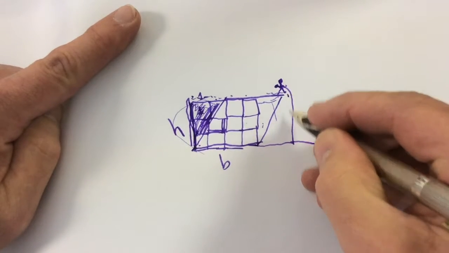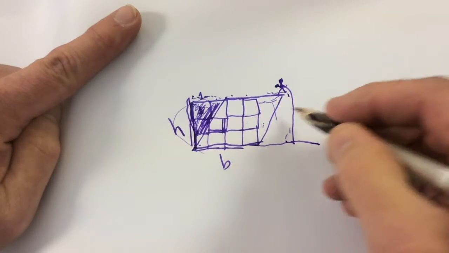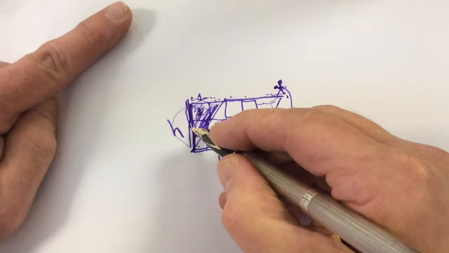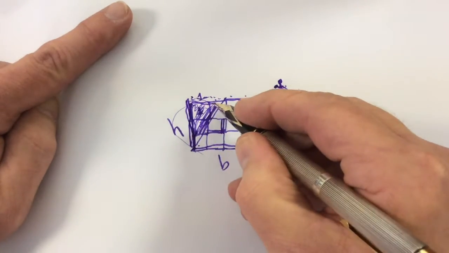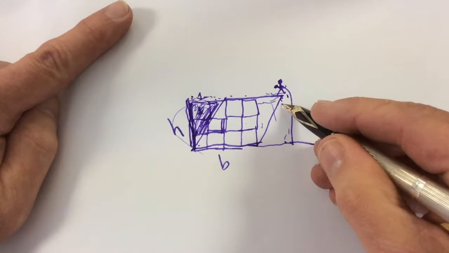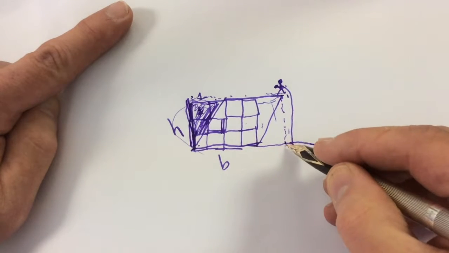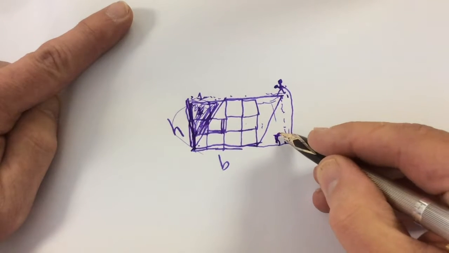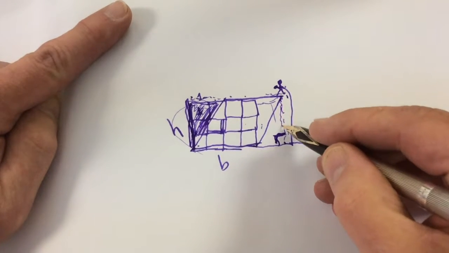This distance from here to here is the height. It's the same as the height would have been if it had still been a rectangle, but it's not. It's a parallelogram now, so you have to actually figure out what the height is. There's some things that can help you with that, but that's what you have to find.